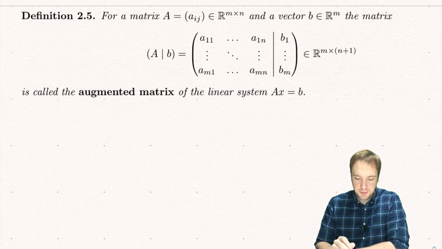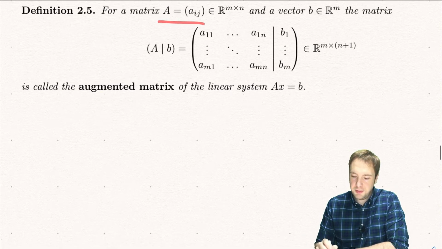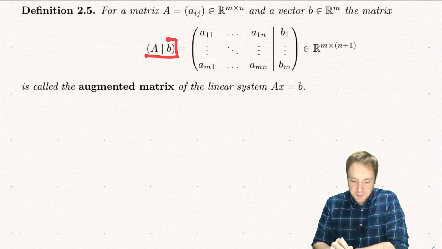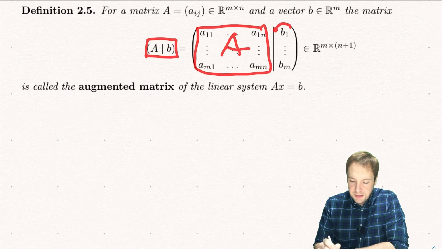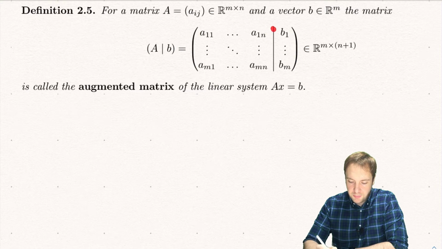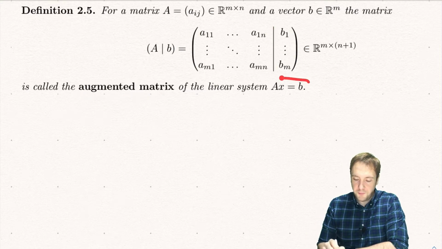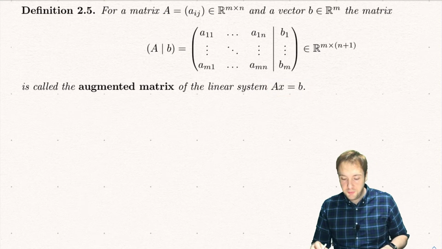So if I have a matrix A, an m by n matrix, and a vector b, then this matrix here, where I just write the matrix A, I add this vector b as a column, and I write this line here. This will be called the augmented matrix of this linear system Ax equals b.